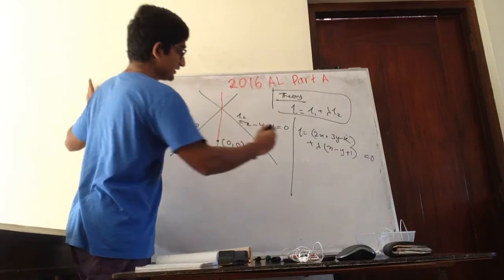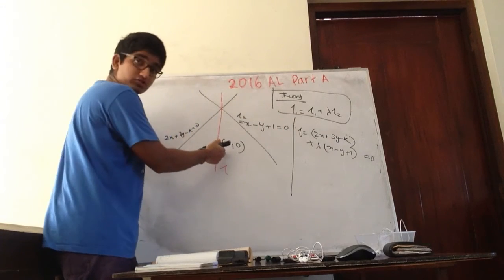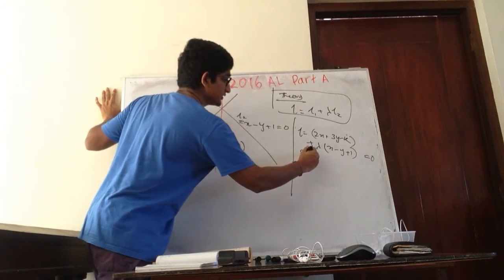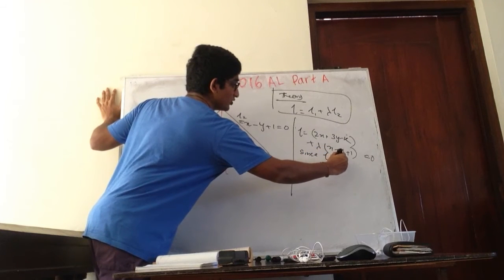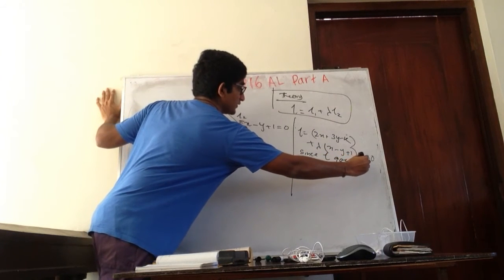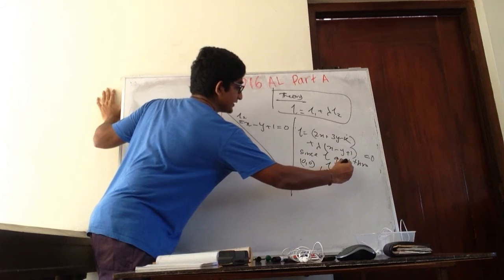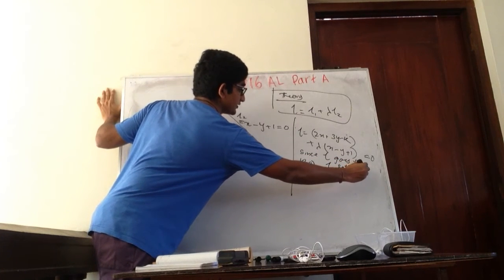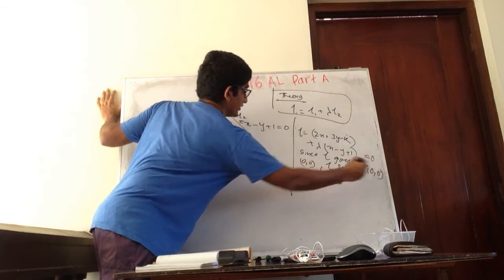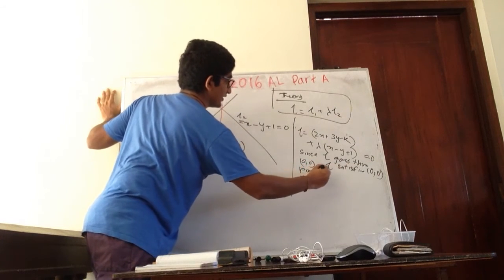So then what? So now I know it goes through 0, 0. No? So since L goes through 0, 0, L satisfies the 0, 0 point. That means what?